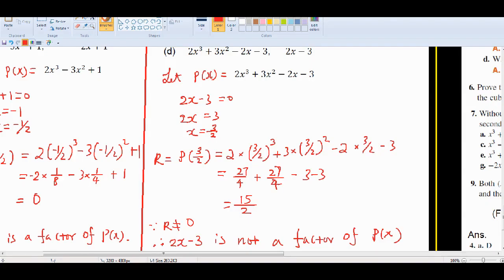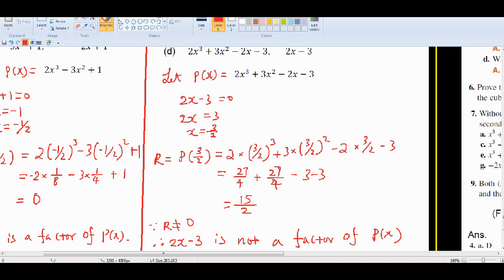Alright, so here's the answer. The number you are going to substitute into x will be 3/2, because you need to make that 2x minus 3 equal 0.